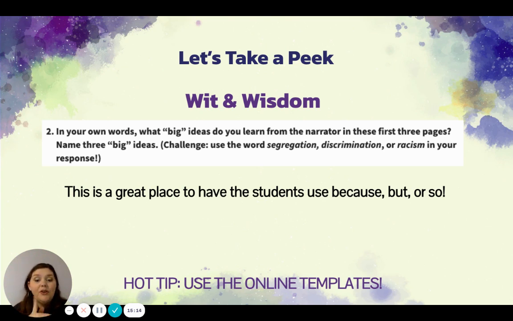Again, hot tip, use those online templates. We're working smarter, not harder. You have so much on your plate right now as you're teaching during a pandemic. I want to make sure that you're able to use resources that are going to be effective and maximize instruction time and minimize time of you actually having to make stuff.